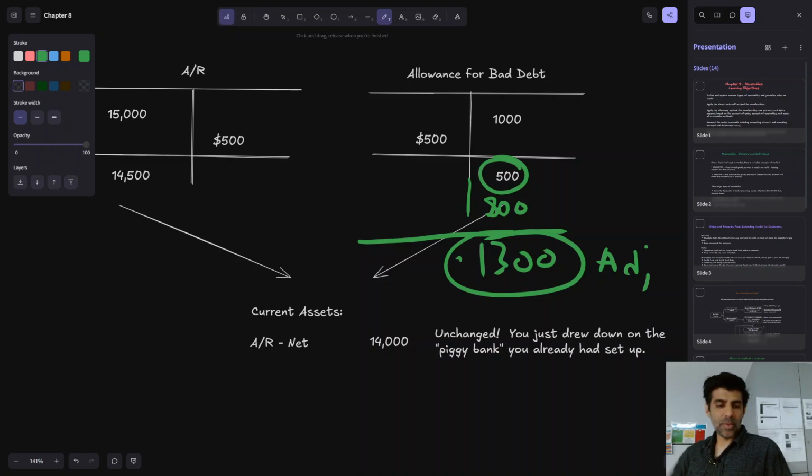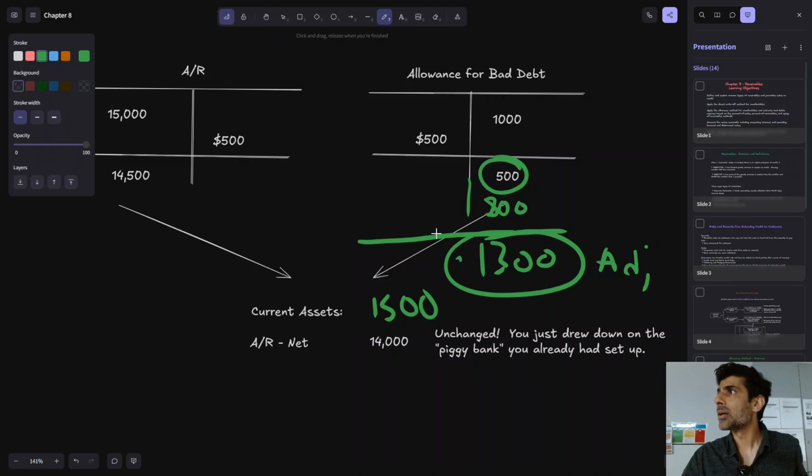And then I would have some other write-offs. Maybe I would have $1,500 of write-offs. And then I just keep updating this allowance for bad debt based on what the ending balance was. Okay, so maybe you think about it. Well, it's going to be a running balance.